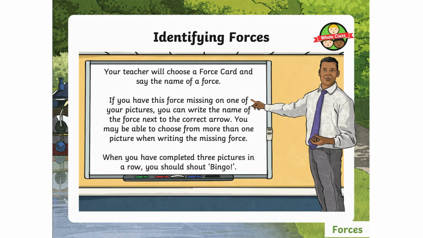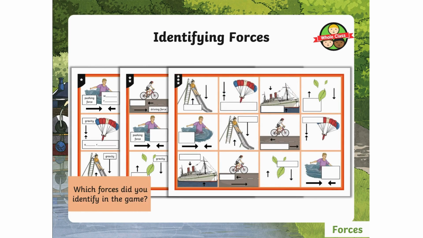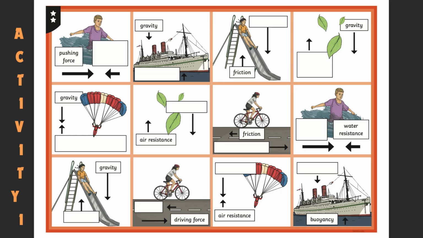When you have completed 3 pictures in a row, you should shout bingo. I hope you're ready to play this with your friends and family to reiterate your science. These are the pictures that I will attach, and which forces you identified in the game is what you will tell me.